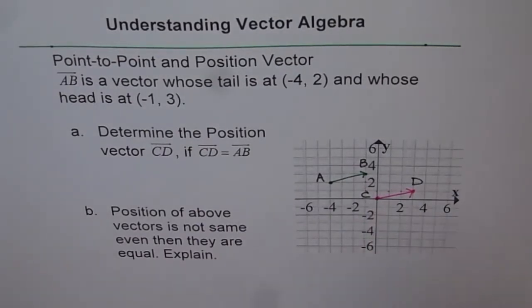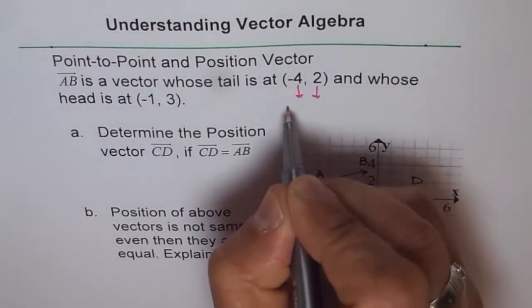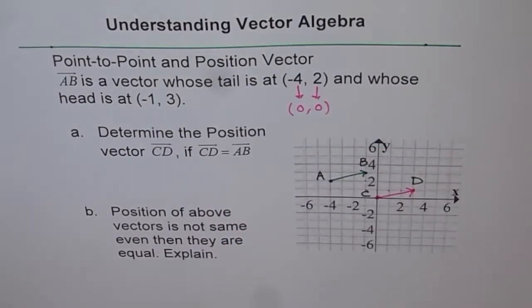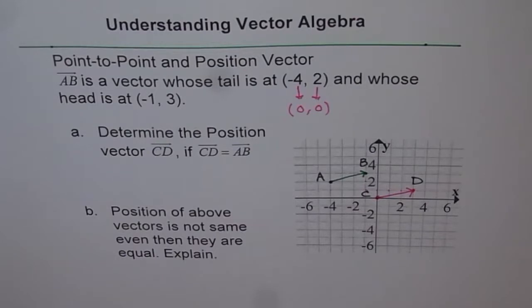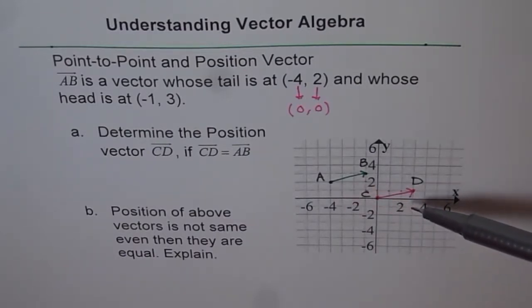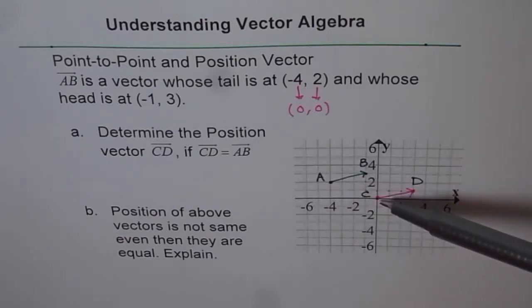We translated this from this point to the point 0 0. So whenever we are trying to convert a point-to-point vector into its position vector, we take it, slide it, translate it so that its tail gets aligned with the origin.